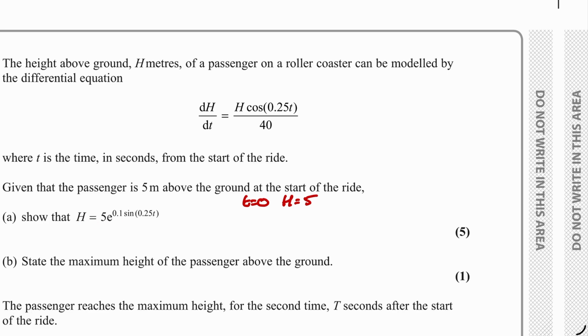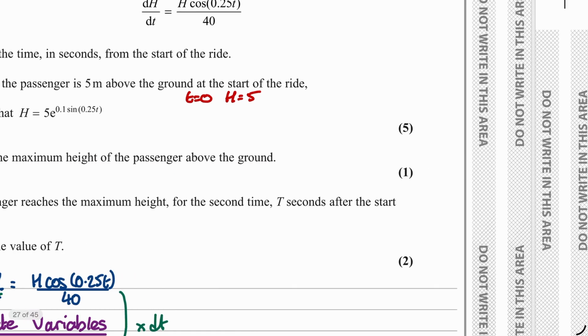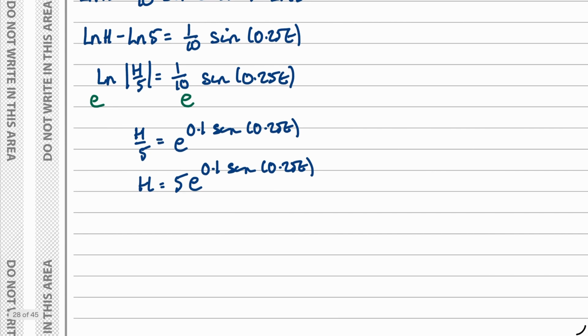Okay? And then for part B, state the maximum height of a passenger above the ground. So if we go back to our differential equation, the maximum height will be determined by the sine of a quarter t, because this will oscillate from positive 1 to negative 1.